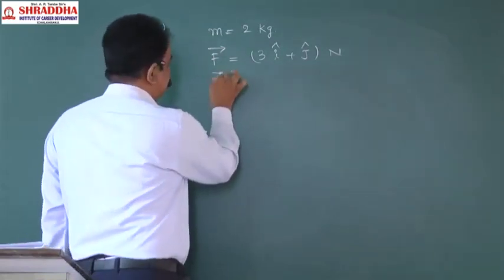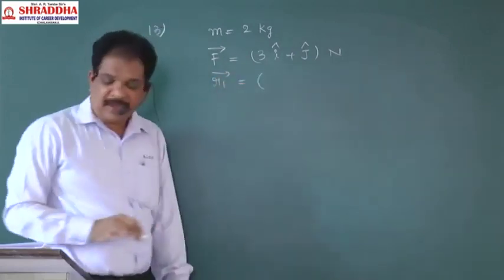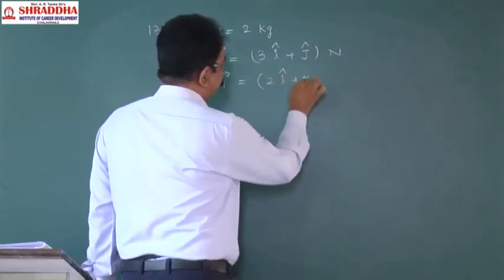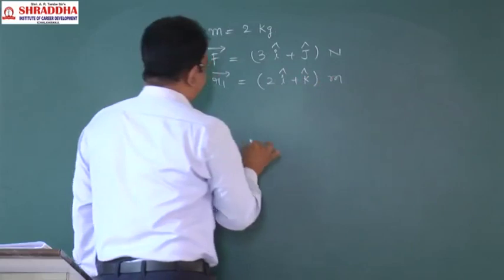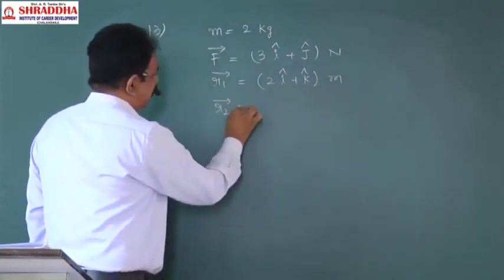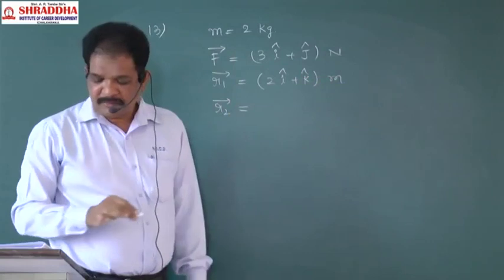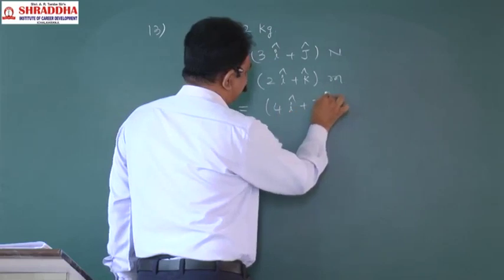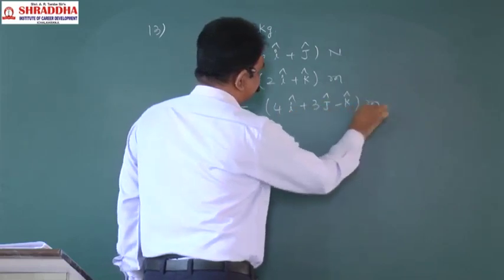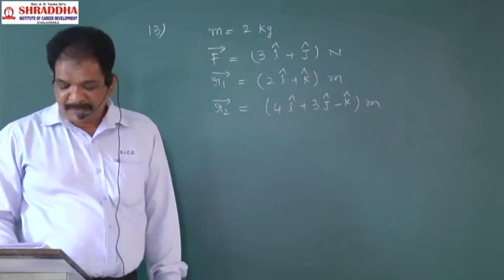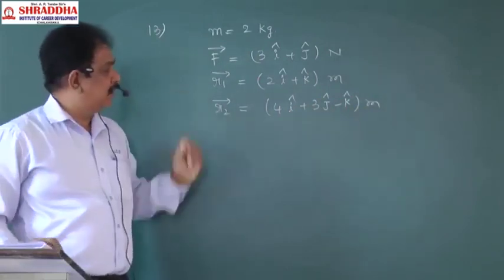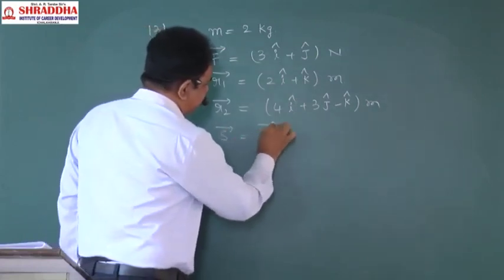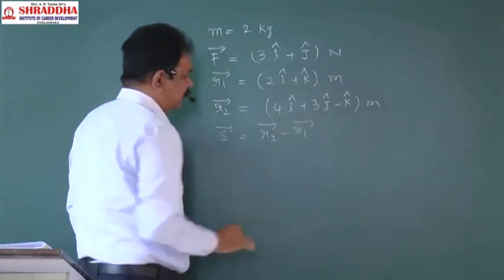Particle's initial position, r1 bar, will be 2i cap plus k cap meter. R2 bar value will be 4i cap plus 3j cap minus k cap meter. What is the work done? They are asking. S bar is equal to displacement, you have to find first.